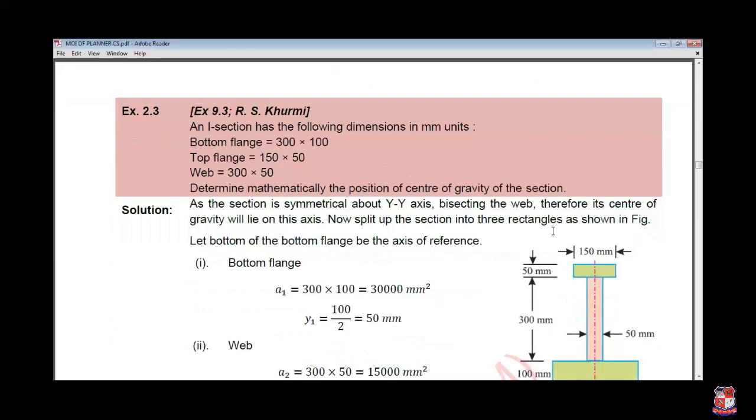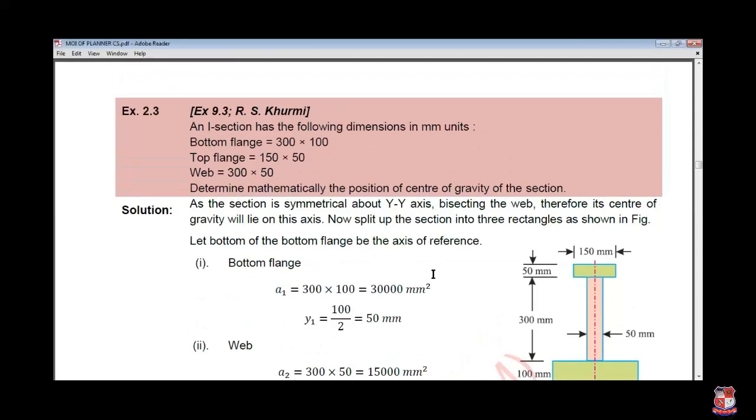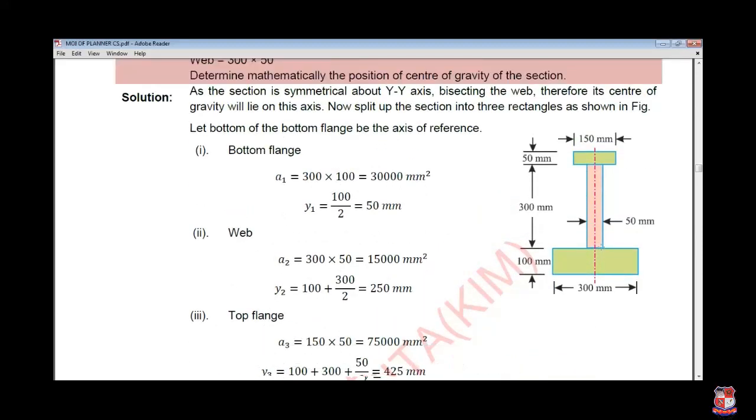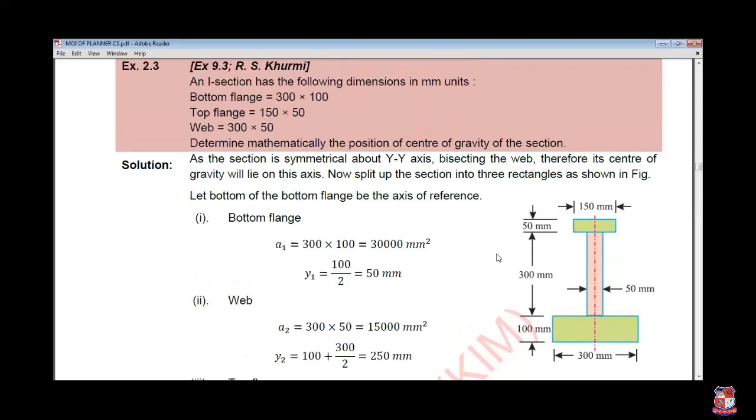Now one good new example is given here: the I-section with different flanges. We know that an I-section is symmetrical about both axes, but here it has taken a different case, with different flange dimensions.